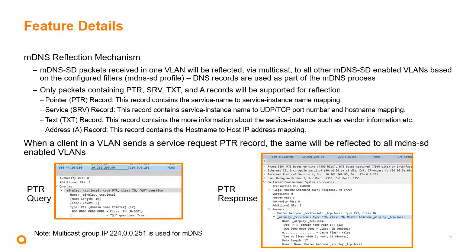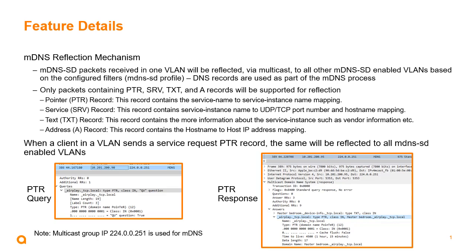So let's take a look at some of the nuts and bolts of mDNS. Basically, it uses, as I mentioned earlier, a reflection mechanism. So mDNS packets are received in one VLAN, and then they're reflected via multicast to a multicast group to all the other mDNS SD-enabled VLANs based on the configuration filters that are configured, which is part of the mDNS SD profile.